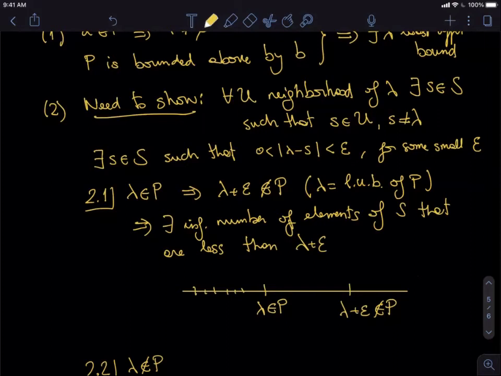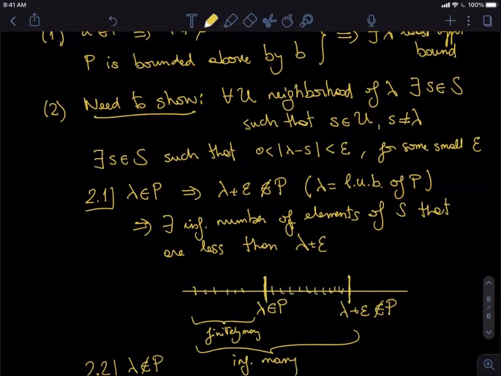But not being in P means that there are infinitely many numbers in S that are smaller than lambda plus epsilon. So if here there are finitely many, and here there are infinitely many, guess what? There are infinitely many numbers in between lambda and lambda plus epsilon.